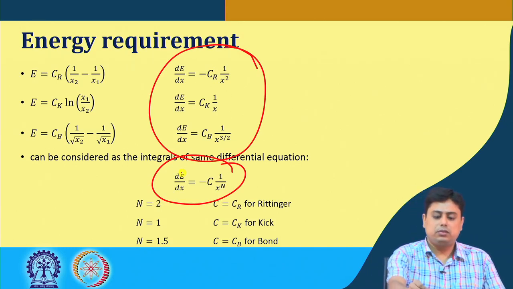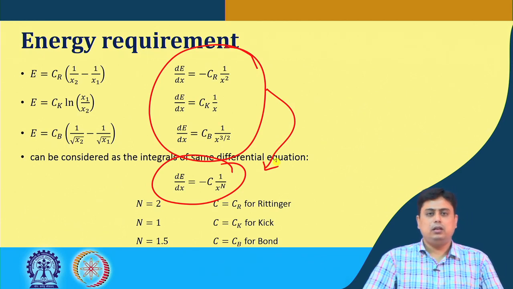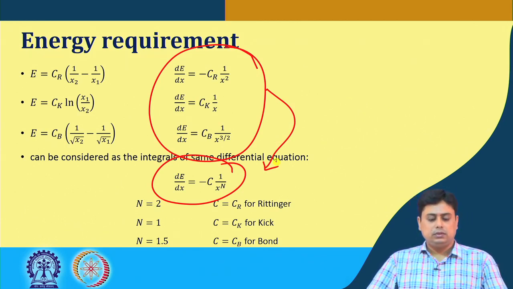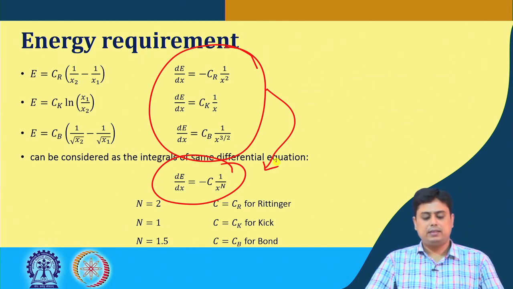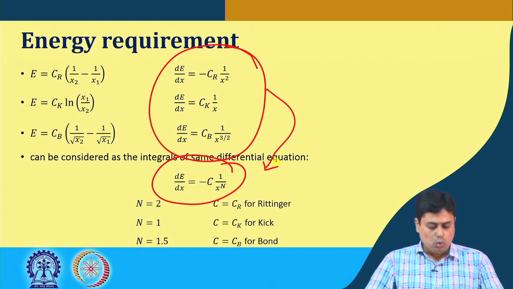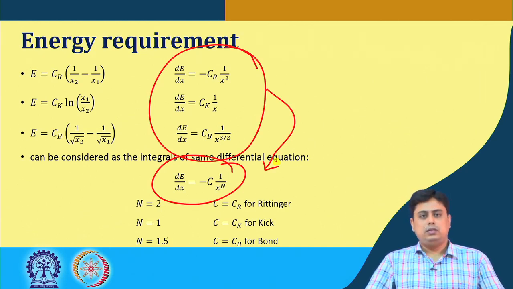So, these three in generic expression can be written in this form: dE/dx equals minus C divided by x to the power n. Now, when this exponent n is 2, C becomes Cr, the Rittinger's law constant, and the expression represents Rittinger's law.